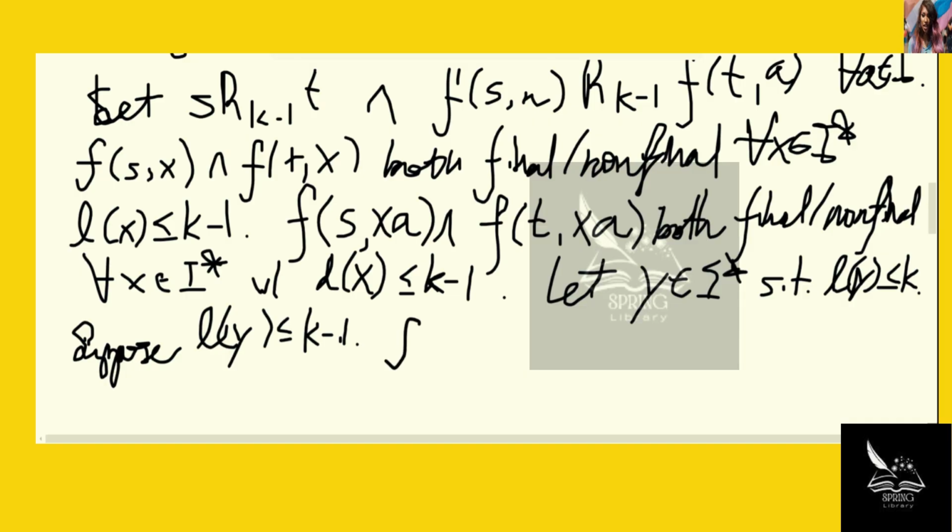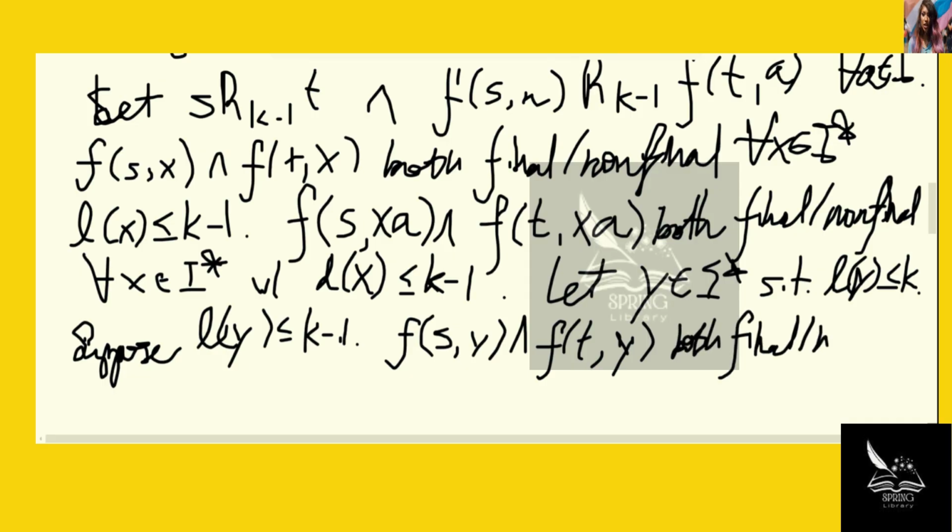Then clearly we have that f of s y and f of t y are both final or non-final states. Now suppose instead that y has length k.